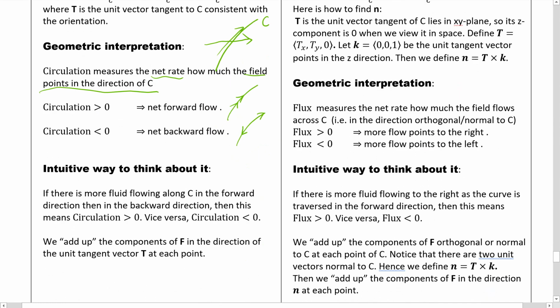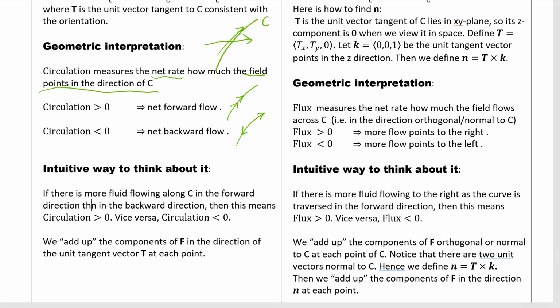So an intuitive way to think about it: if there is more fluid flowing along C in the forward direction than in the backward direction, then this means circulation is positive. Vice versa, circulation is negative.